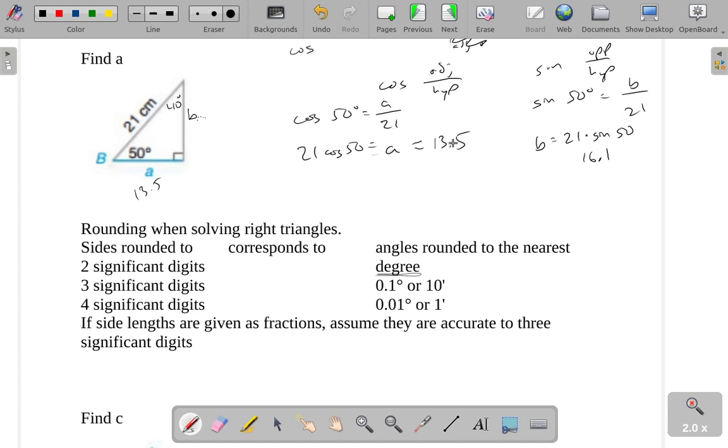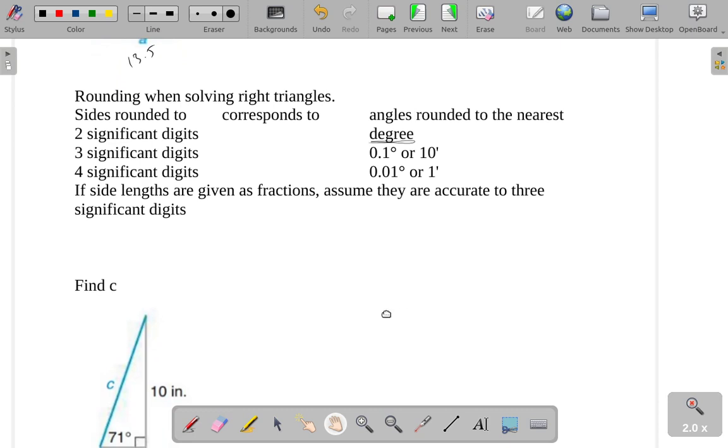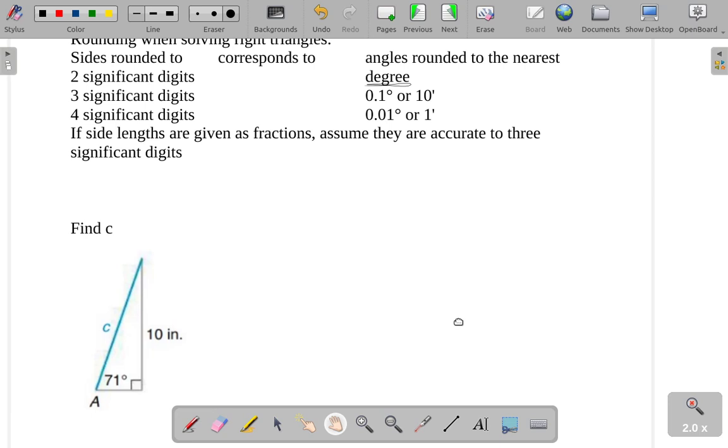I probably should have had these rounded to two significant digits instead of the three that I had there, but we hadn't yet seen this, so I'm not going to go back to it. If we're talking about three significant digits, that should be rounded to the nearest tenth of a degree or to the nearest 10 minutes. Four significant digits should go to the nearest hundredth of a degree or to the nearest minute. It's not 100% accurate. That's more of a guideline as far as where you should be rounding these things to, if you're trying to keep the appropriate number of significant digits.